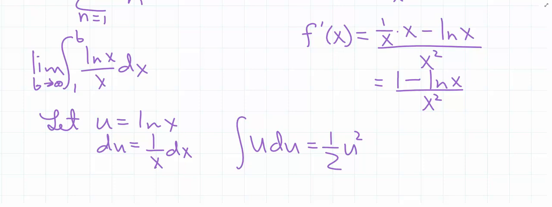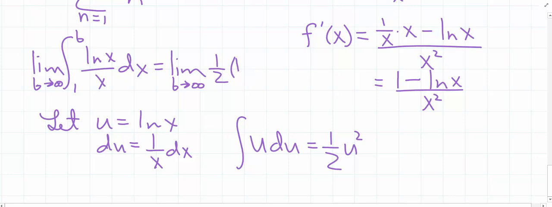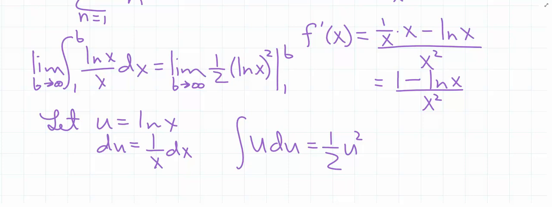Okay. Now, let me go ahead and write what we've got. We've got the limit as b goes to infinity of 1/2 log x squared, right? Is that right? Everything's good?